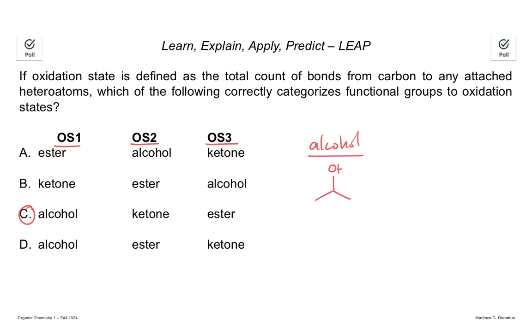So there is an example. A ketone always has a pi bond. So you have a sigma and a pi bond, so a double bond, that's 2. And an ester has 3.